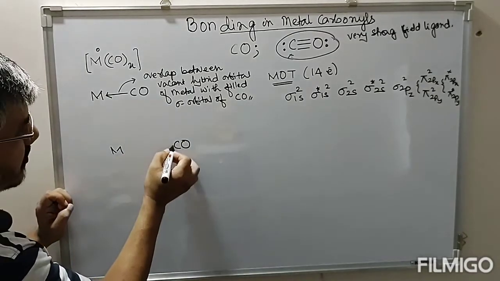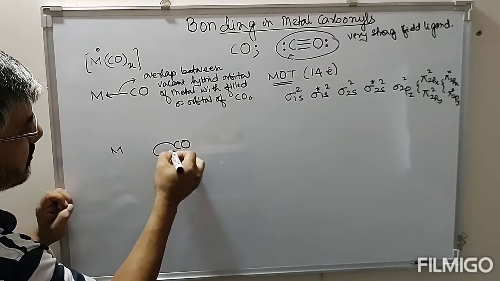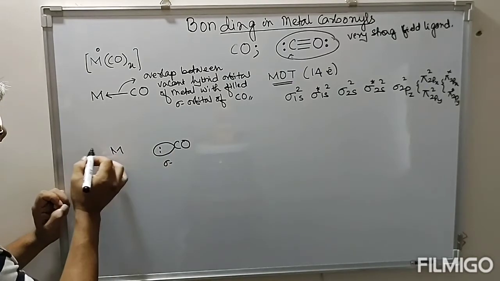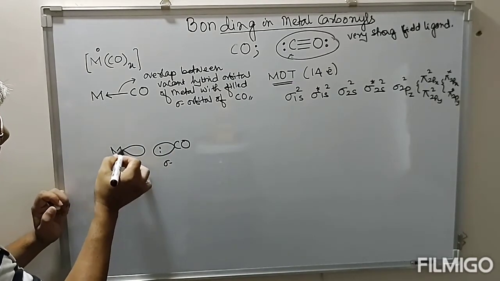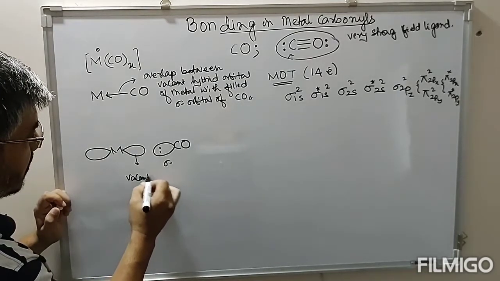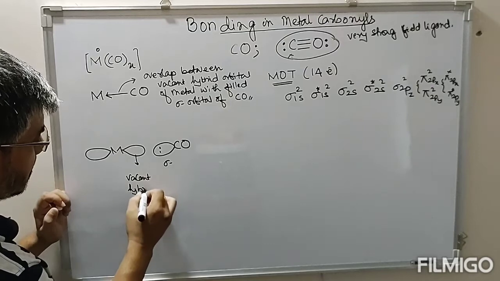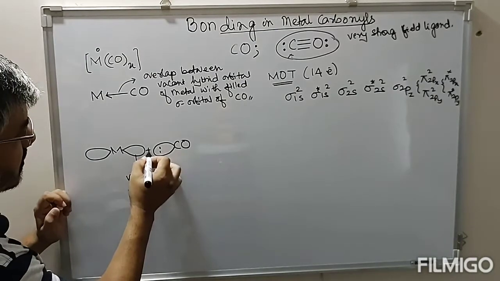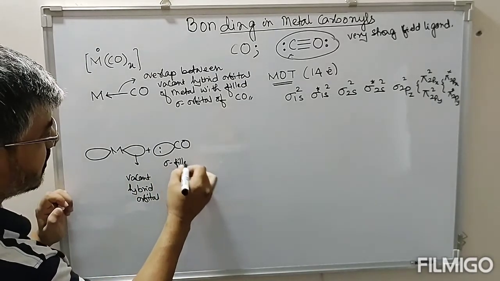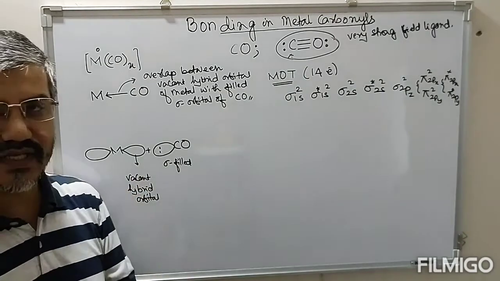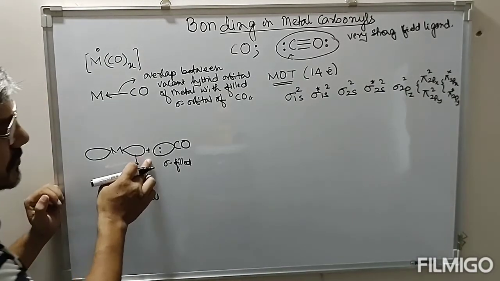Carbon monoxide has a filled sigma orbital containing a pair of electrons, and the metal has a vacant hybrid orbital. Both are in the same direction, so there is a chance for overlapping between these two.